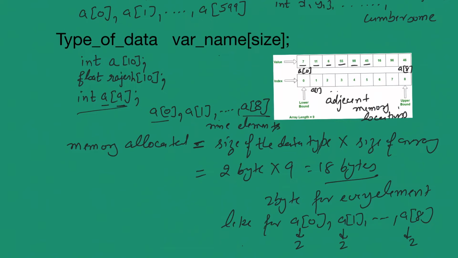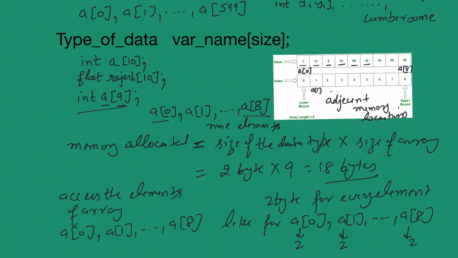Therefore we have also learned how to access the elements of an array. Accessing is through a0, a1 and up to a8.